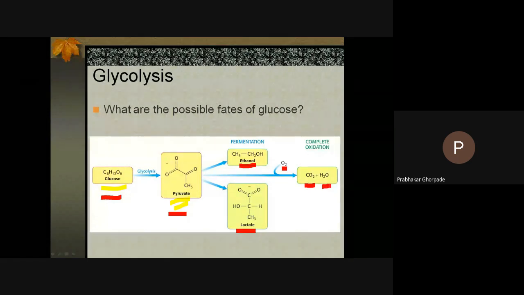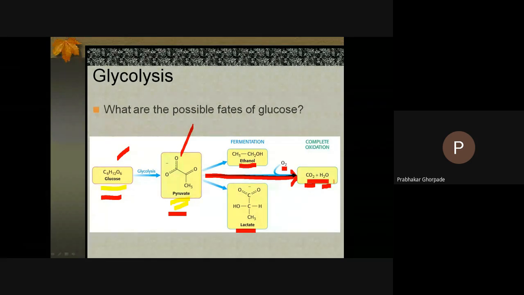So basically we have glucose with us and we want some energy from this molecule. This molecule undergoes glycolysis and forms pyruvate. Now this pyruvate can undergo complete oxidation to carbon dioxide and water.